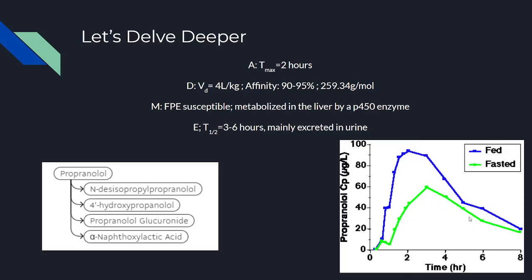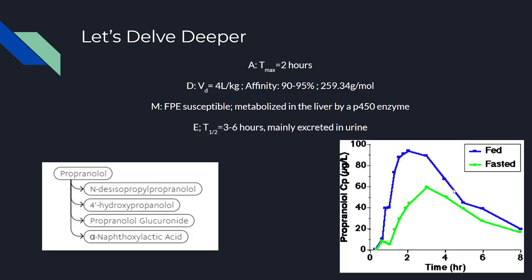And then in our fasted population, it's sort of over here at the 3 hour mark. And this is because, being fasted, one means it's going to lower the bioavailability of that drug if taken orally. And two, it's going to shift it slightly. Other than that, really no main differences.